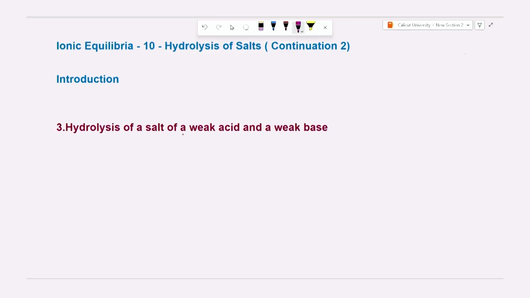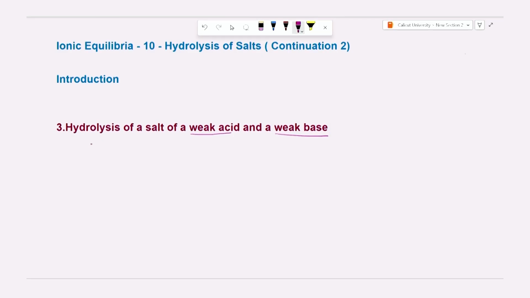Here I am going to consider the hydrolysis of salt formed from a weak acid and a weak base. So, the acid should be weak as well as the base should be weak. For example, I will take a weak acid, CH3COOH, which combines with a weak base like ammonium hydroxide, and this will form a salt, CH3COONH4, plus water.